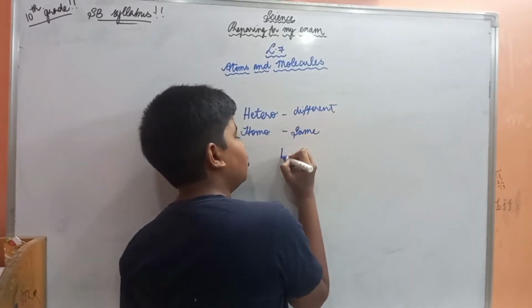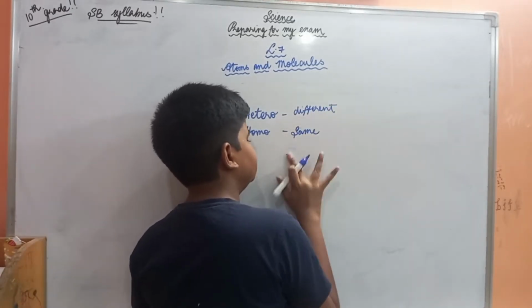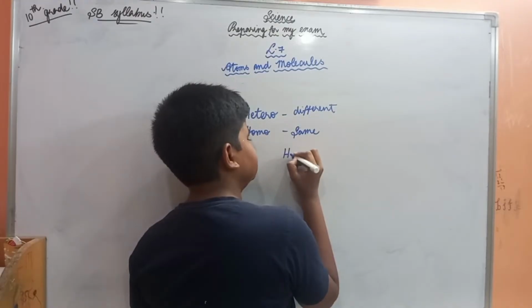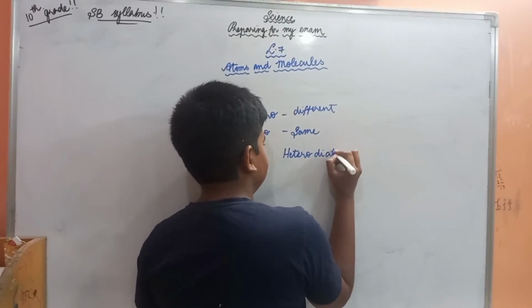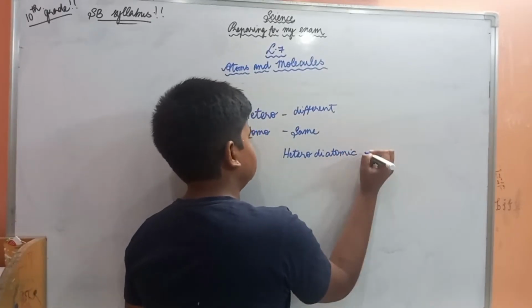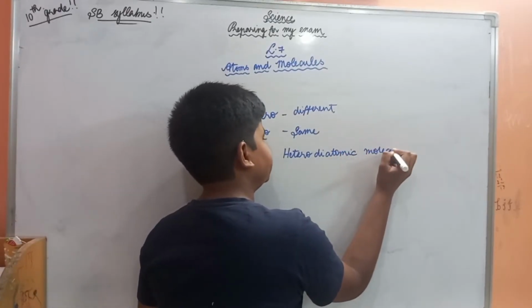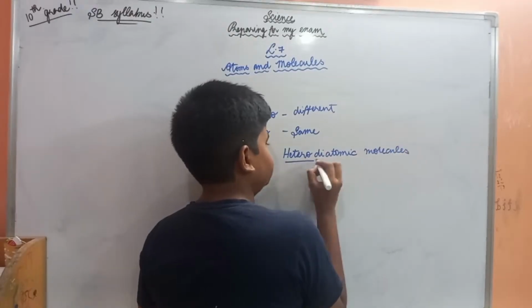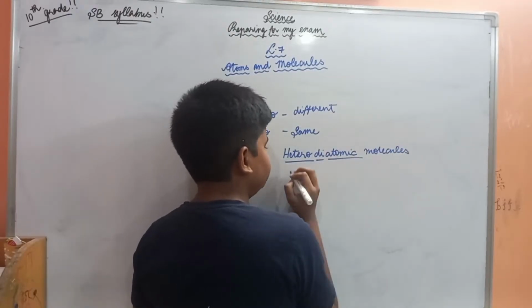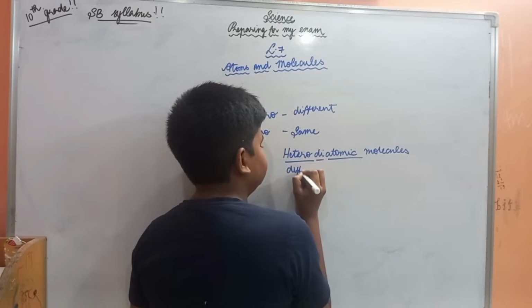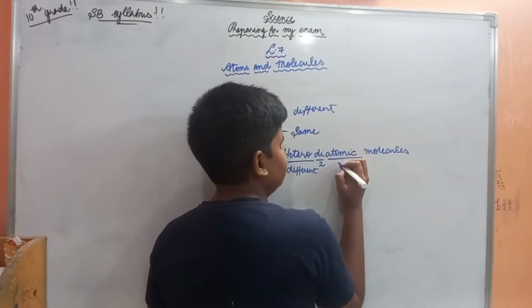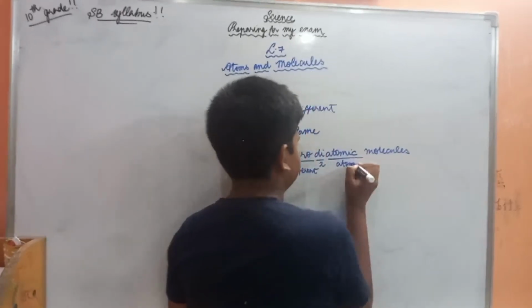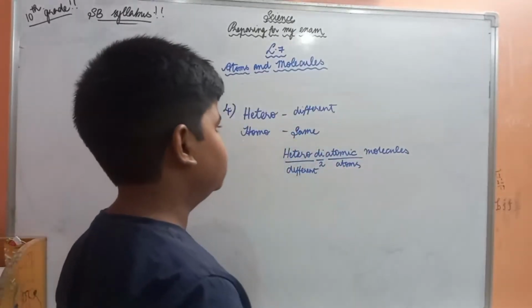So heterodiatomic molecules: hetero means different, di means two, atomic means atoms. Different, two atoms.